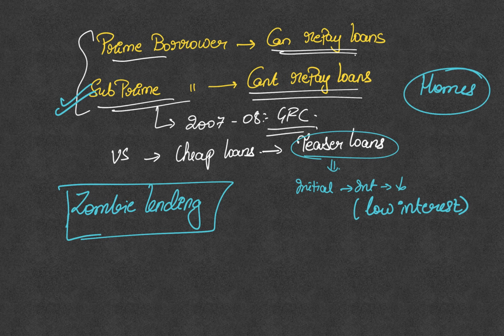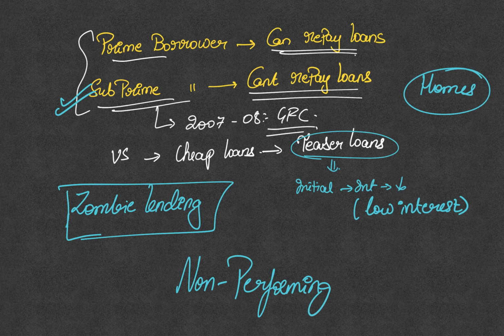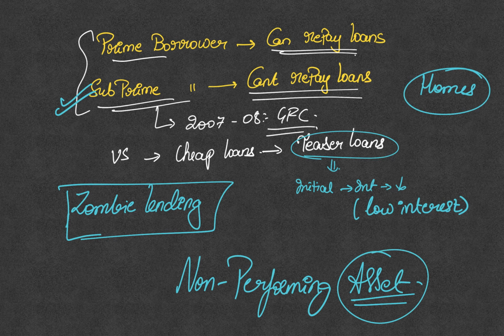So, in this context, the main issue that we have to understand is the non-performing asset. The main reason why the global financial crisis came into existence was that the asset, that is the loan given by American banks to the consumers, did not perform and give the expected returns.